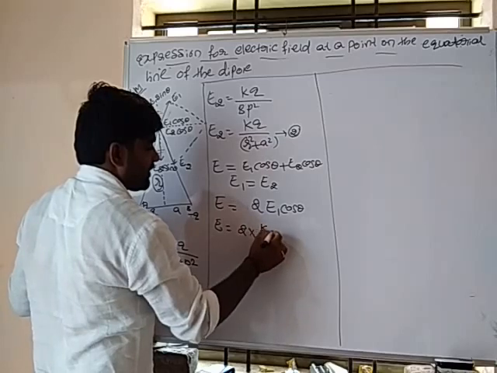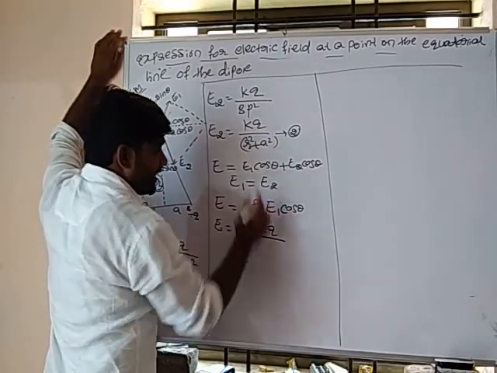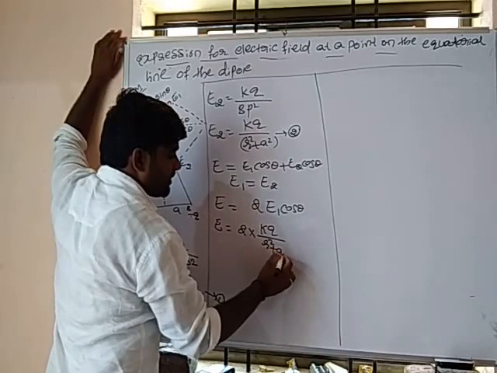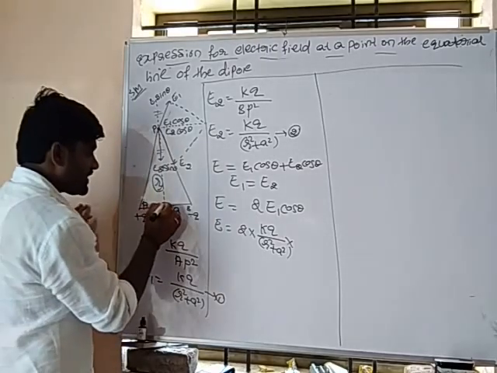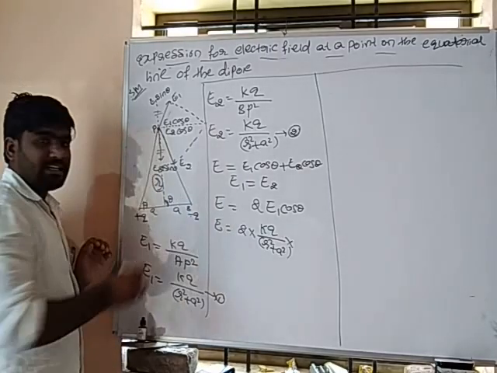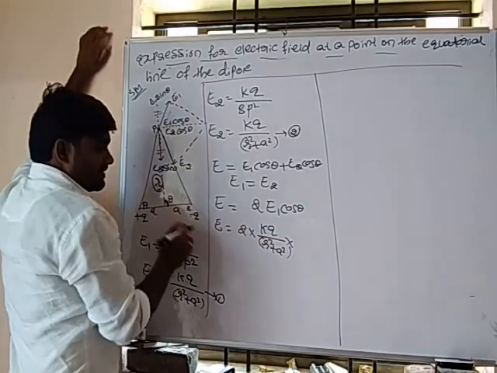It will be KQ divided by R square plus A square into cos theta. How to write cos theta? If it is your theta, it is base divided by hypotenuse.